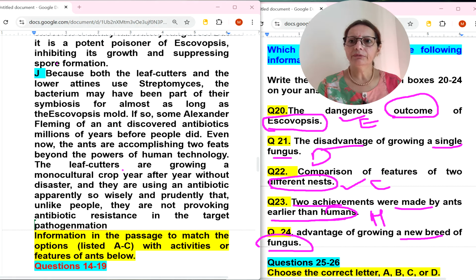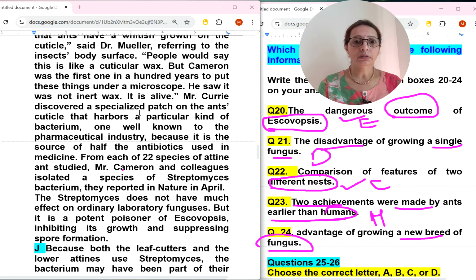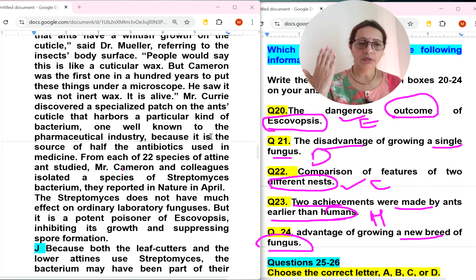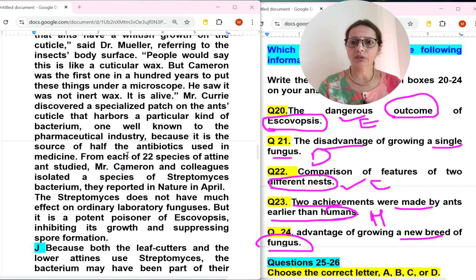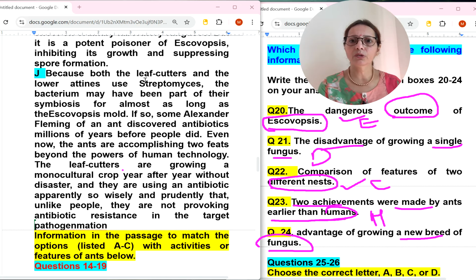So J paragraph, I have read the full paragraph again for 23rd number. Initially they were talking about thousands of years and all. Because both the leaf cutters and lower attini use this, the bacterium may have been part of their symbiosis for almost as long as this.